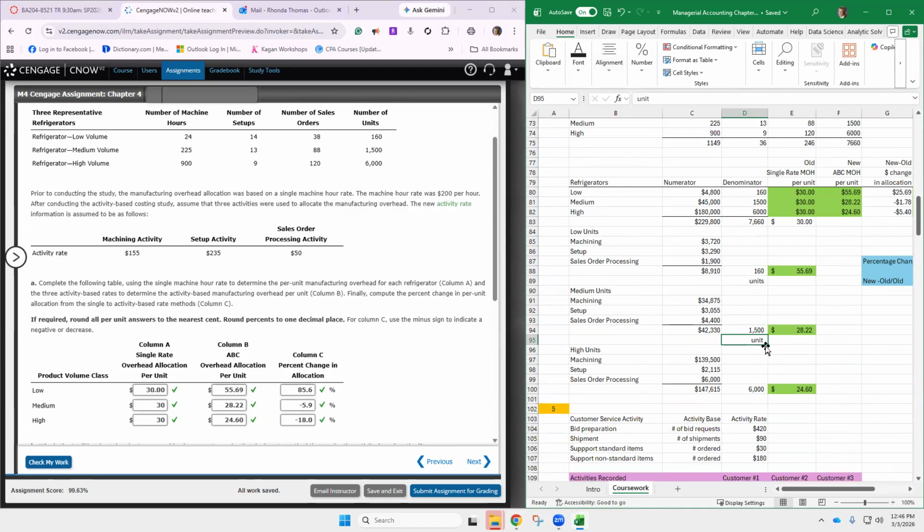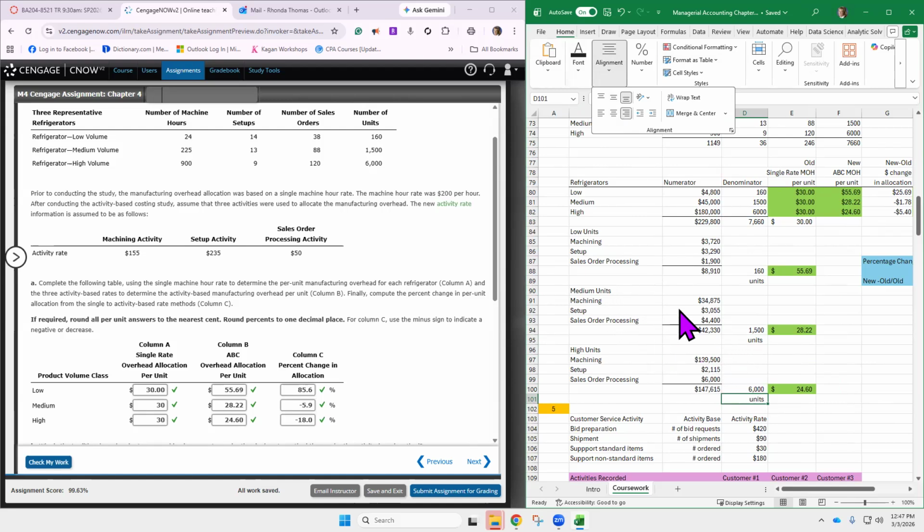So whatever we do, when we find that refrigerator line, we then have to divide by the number of units that they make. Apparently, they make quite a few of the high units. Yes, they make 6,000 units of the high volume, right? So let's do the math here. Let's get back on track.